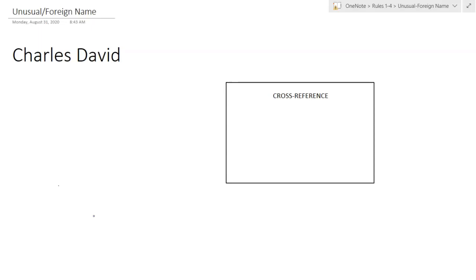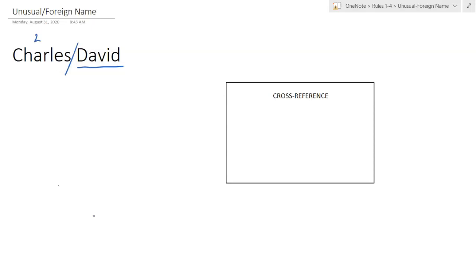So when we code the original filing segment, we code it as last name first, David, and then Charles is unit 2. When you create a cross-reference, it's usually on a separate piece of paper or an index card, depending on how you file your records.